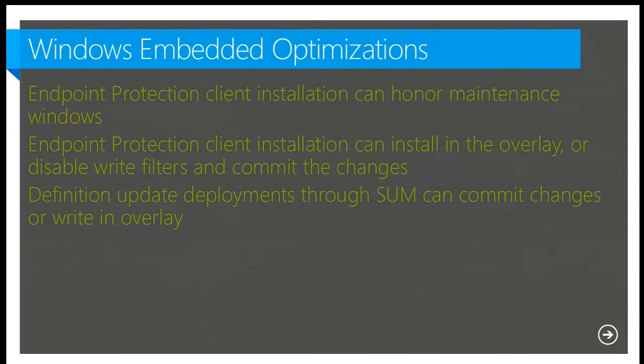We can also install this client on the embedded system either in the overlay temporary file system or you can persist the client installation in the image itself of the embedded OS by configuring or controlling the right filters on that particular OS. And then, of course, the same goes for the definition updates that are serviced or installed via the software update feature, and those can also be committed in the overlay or the temp file system, or can be applied to the image itself.